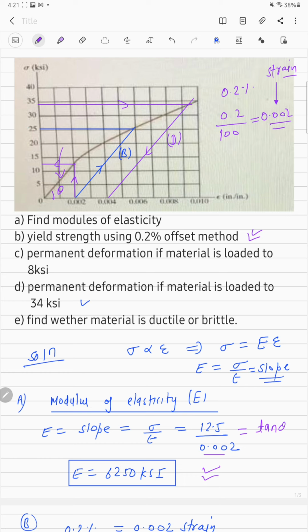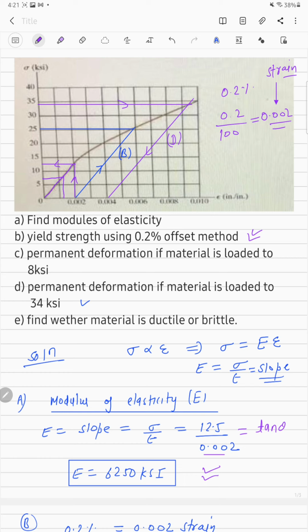In part C we have to find the permanent deformation if the material is loaded to 8 ksi. We can see that 8 ksi lies within the elastic limit, because up to 12.5 ksi the graph is a linear straight line. What is the meaning of elastic limit?